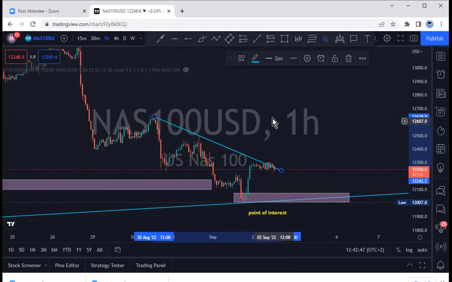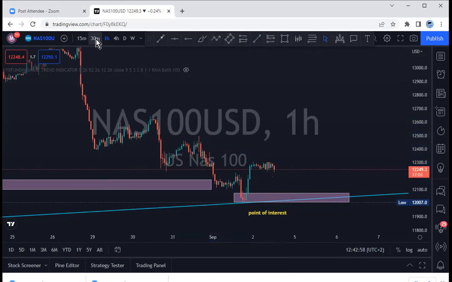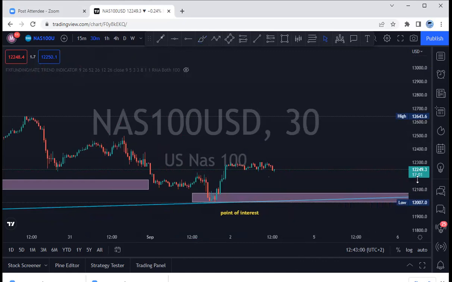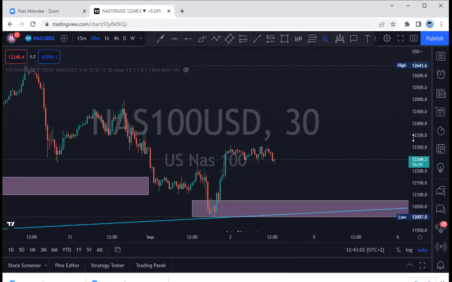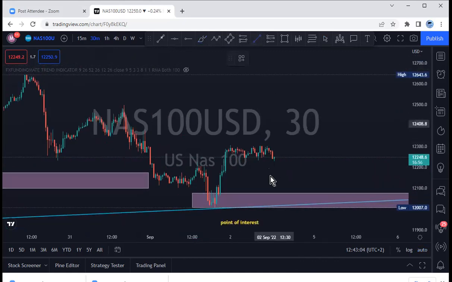At least if it was somewhere around this level, and then we see a retest. So let's remove it in the meantime and then shift to 30 minutes. All right, 30 minutes. This is what I'm seeing right now.